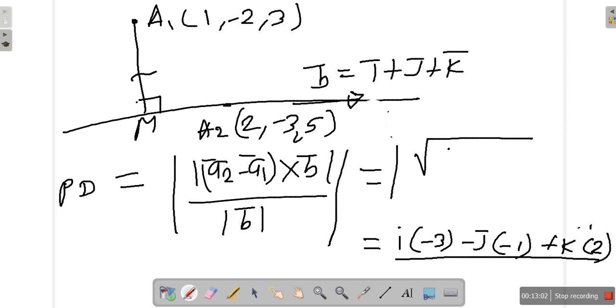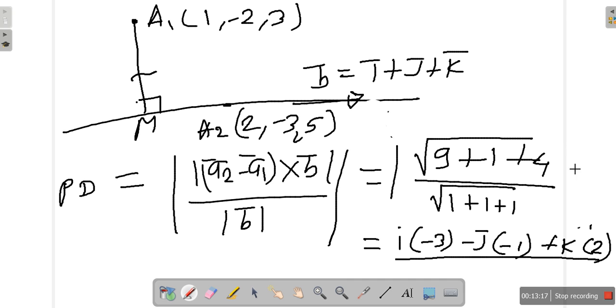It is 3 square, 9, 1 square which is 1, 2 square which is 4, upon what is mod of B? B is i plus j plus k. So the magnitude will be root of 1 square plus 1 square plus 1 square. And what is the answer of this? The answer of this will be root 14 by 3.